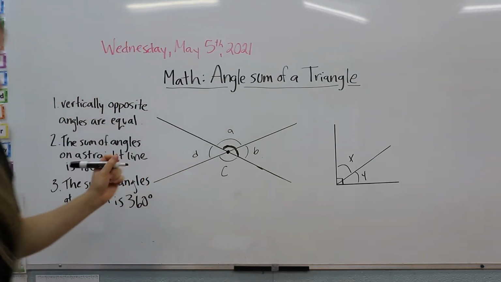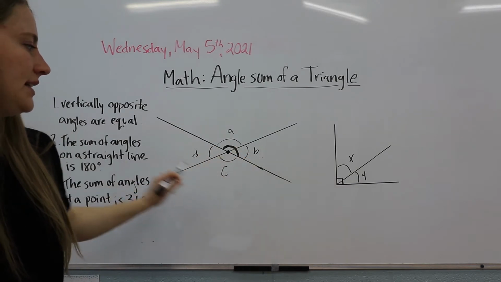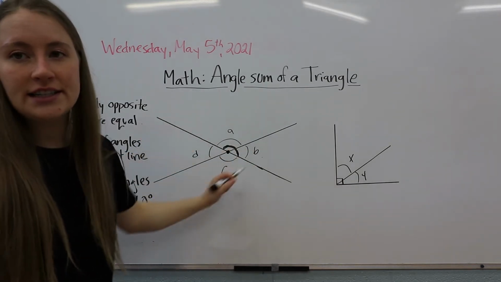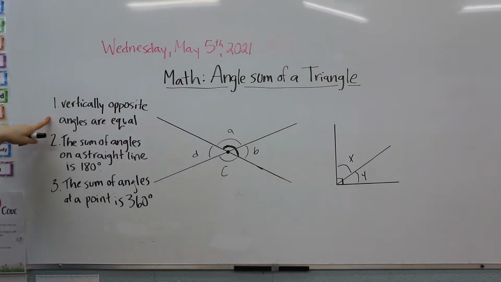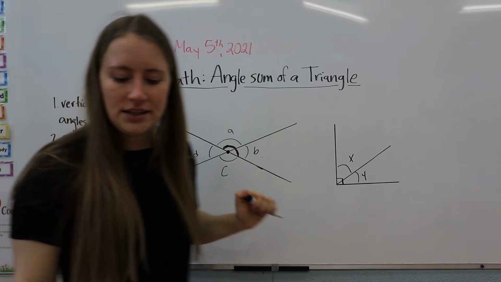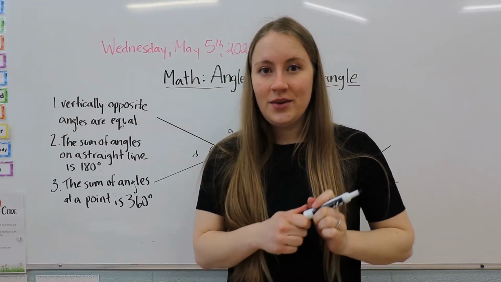Okay, so if we went all the way around this point, A plus B plus C plus D is 360 degrees. Okay, so we know that rule too. So we have vertically opposite angles are equal. The sum of angles on a straight line is 180 degrees, and the sum of angles at a point is 360 degrees. So those are some of the rules that we learned about angles, okay?